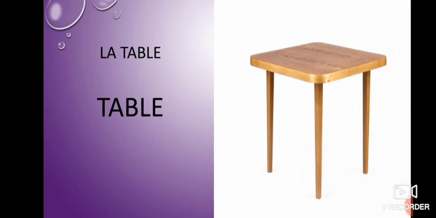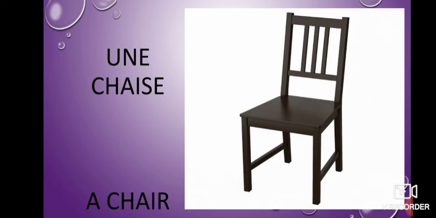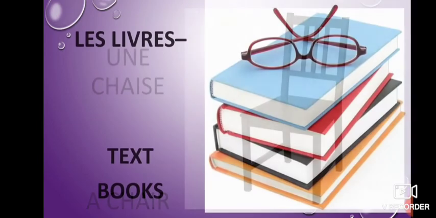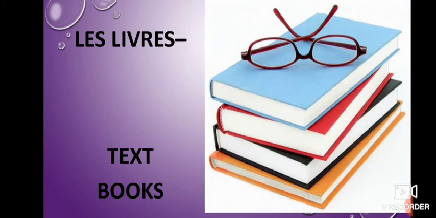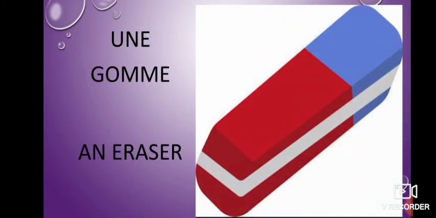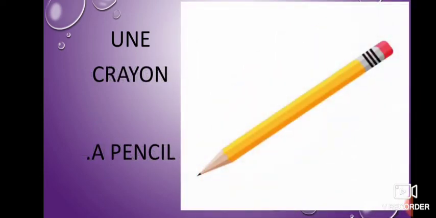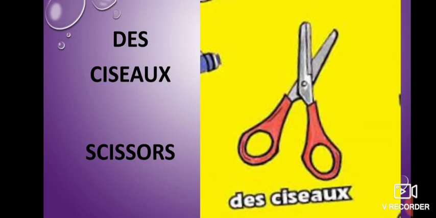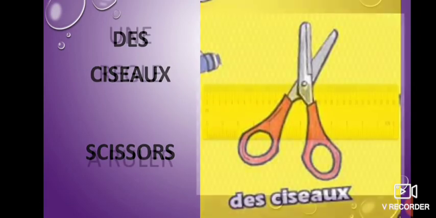La table. Remember, la table is a table. Une chaise is a chair. Les livres are textbooks. Une gomme is an eraser. Un crayon is a pencil. Des ciseaux, scissors.